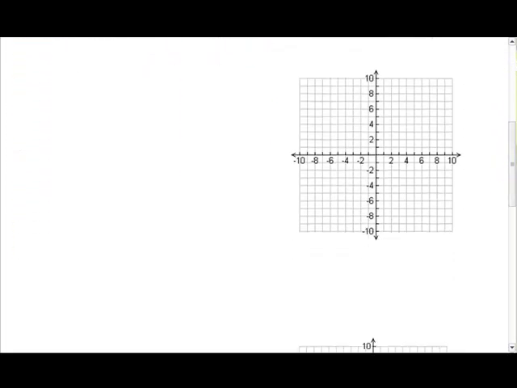Let's look at another one. Now, this is a situation where you're going to have to choose very specific numbers for x. If you choose 1, let's see what happens.